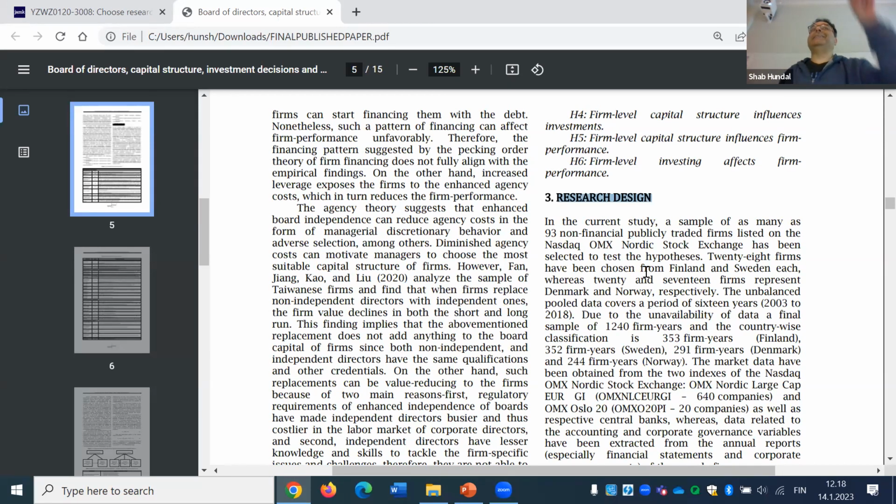But you didn't forget that you were willing to take production. Now, this is a limitation. And this you will justify in the discussion: because of the lack of availability of data about production, the researcher has taken revenue as a performance measure.